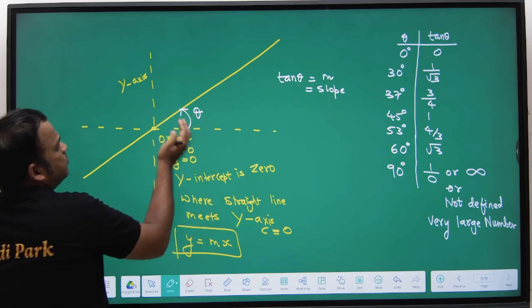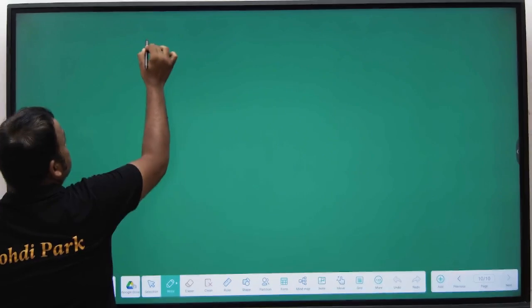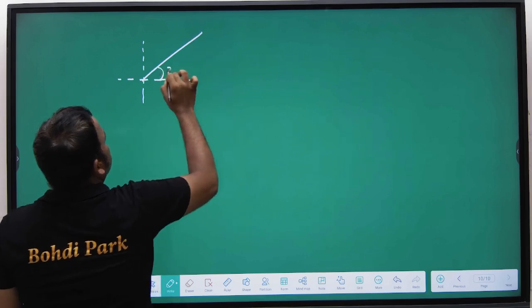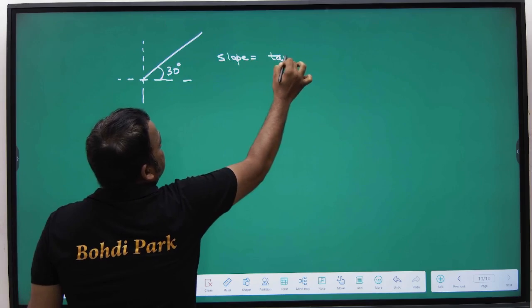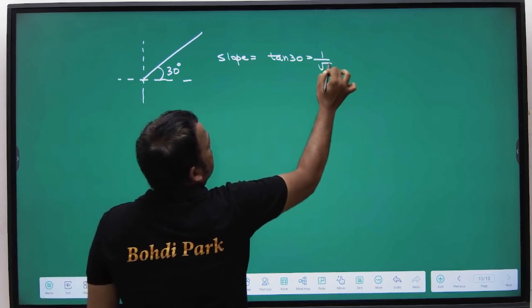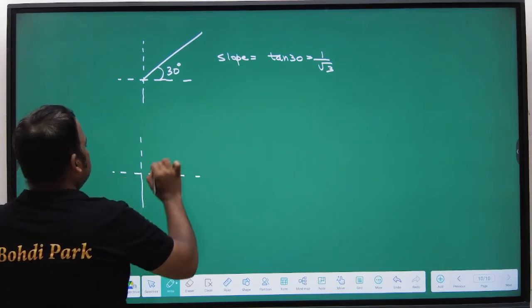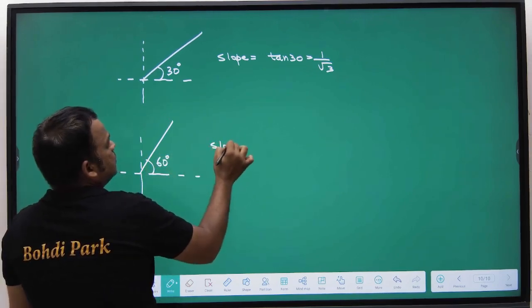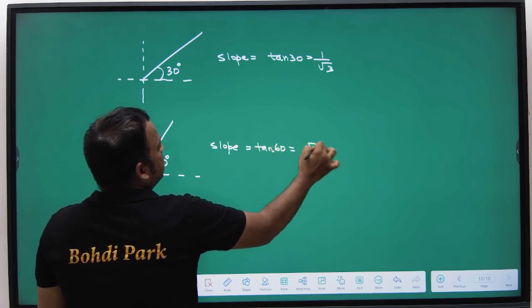So suppose the straight line is making 30 degree like this, so slope will be tan 30. So tan 30 is equal to 1 by root 3. If a straight line is making 60 degree, so slope will be tan 60, so that is root 3.